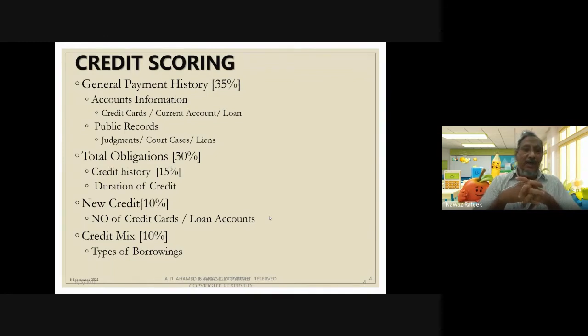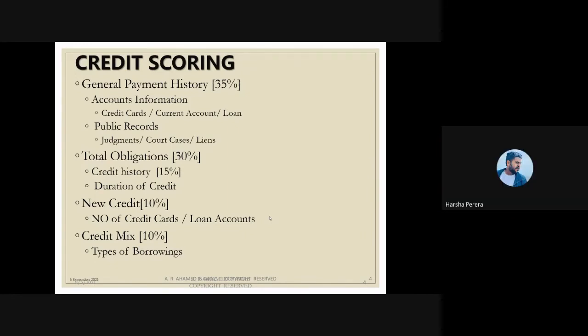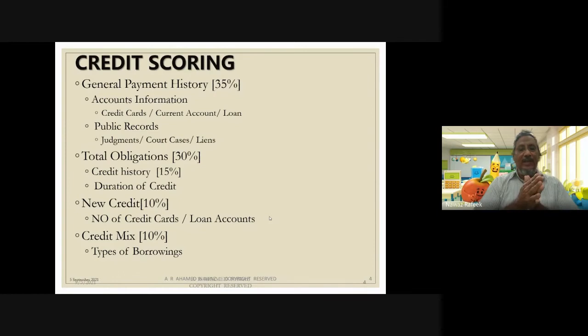Then other public records like judgments, court cases, liens: if the customer has any negative reports, cases filed, judgments given, or any liens or set-offs, then 35% is allocated there. In the total obligations, 30% is allocated.